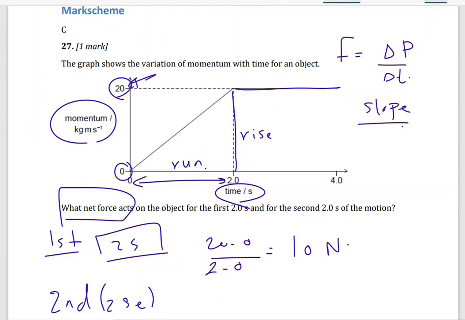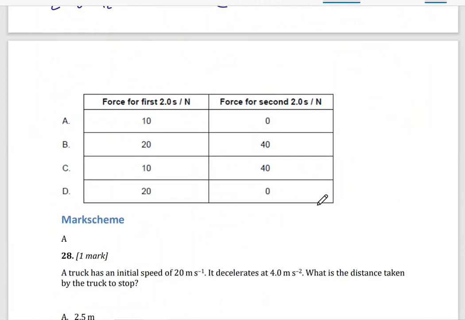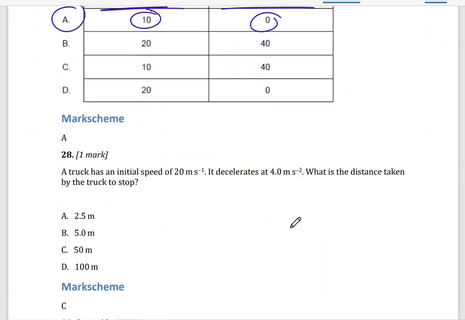So 20 minus 20 will be 0. So the slope is 0, and the force will be 0 in this particular part of the motion. So the correct answer is A: 10 in the first 2 seconds, and 0 in the second 2 seconds.